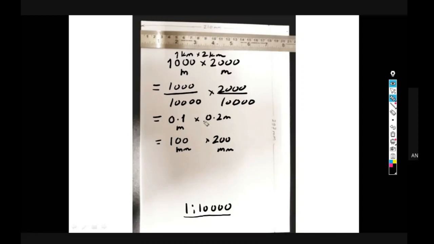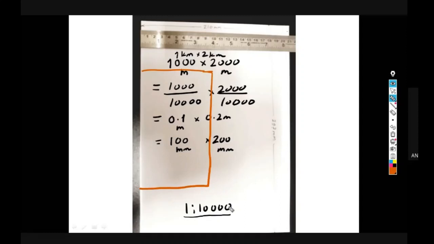Now, using 1:10,000, my plot will be 10 by, let's say, 20, correct? That means it can fit into the A4 size paper.